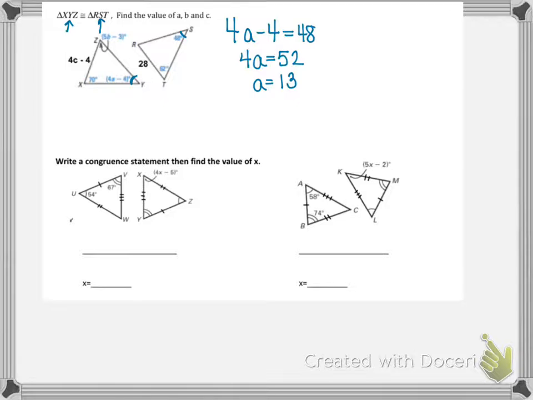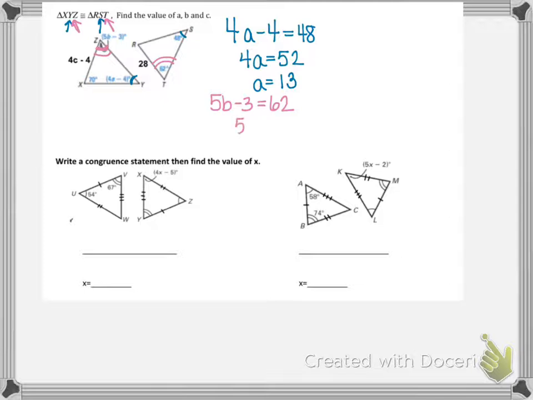Now let's try to find b. So b is right here in angle z. Z is corresponding with t, so I'm going to use angle t over here. So I've got that 5b minus 3, and I'll set that equal to, I believe that's a 62. Or we'll just be wrong together, it'll be fine.